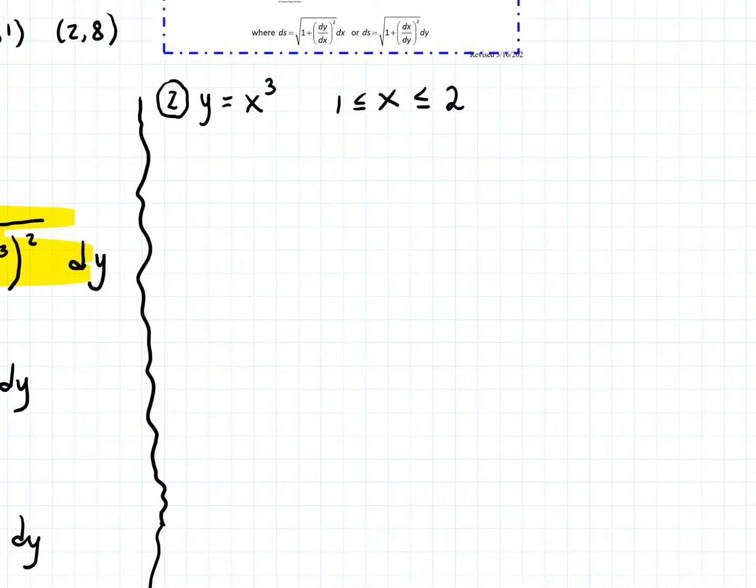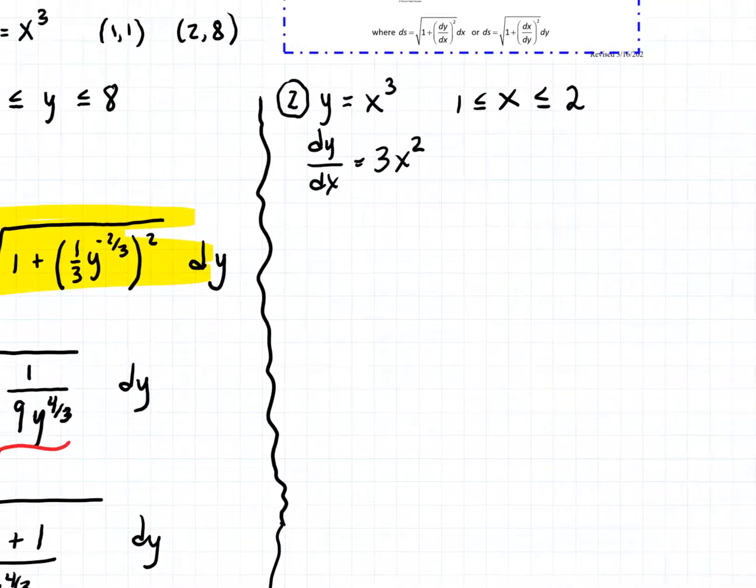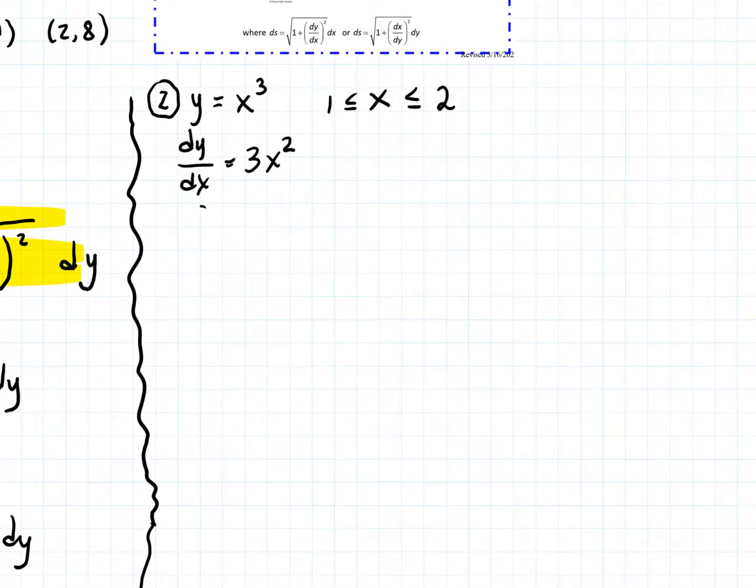And so if I had done it this way, our dy dx would be 3x squared. Now our surface area calculation, we still need to do surface area. Since we're going around the y-axis, the surface area still needs to be equal to the integral from c to d of 2 pi x ds.